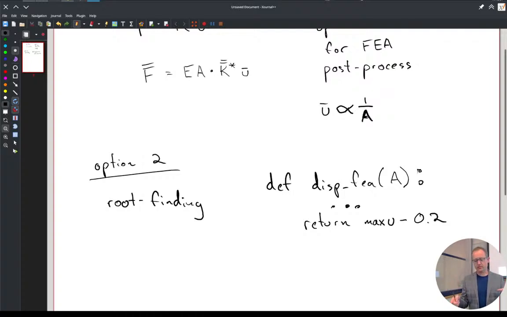When we find the root of DISP FEA, that would also give us an exact answer, well, pretty exact, within floating point round-off error. Yeah, so those are the two processes.